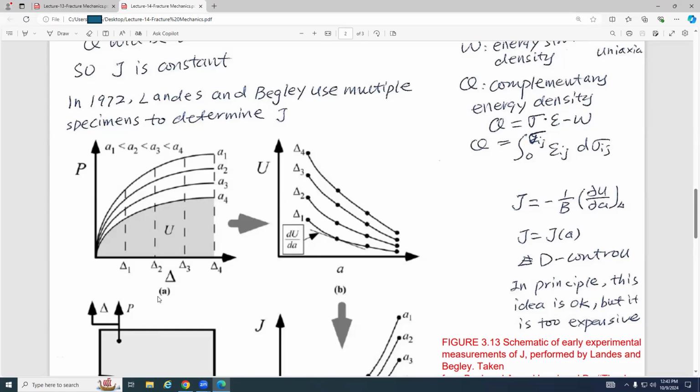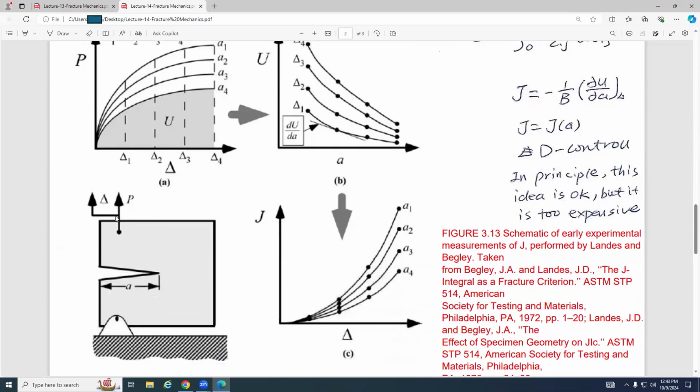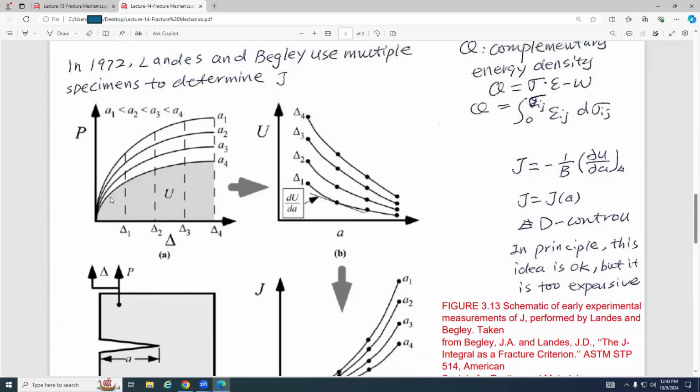For each of these crack lengths, I calculate the displacement, delta, and the relationship between P and delta. For each crack length, I have a curve.